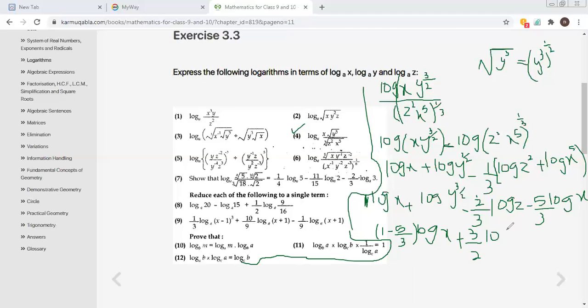There is no other term of log of y, so it will be written as it is, and there will be 2 upon log of z. Yes, they will be written the same. These two will be written the same because they have no other term like z, then log of z and log of y. So further steps you can solve by yourself. Now simplify these, solve them, and your answer will come.